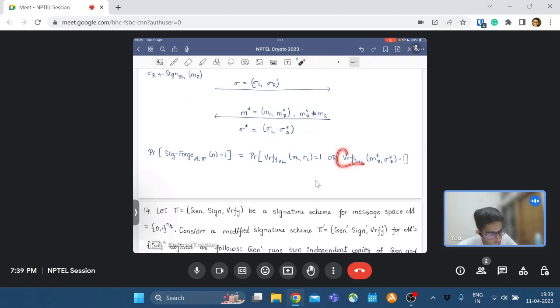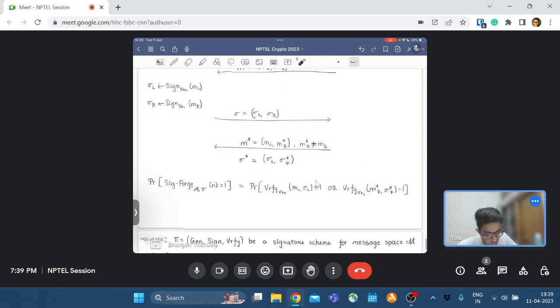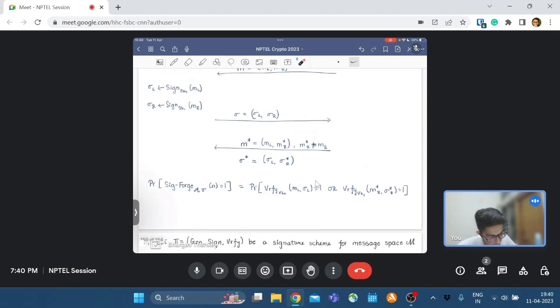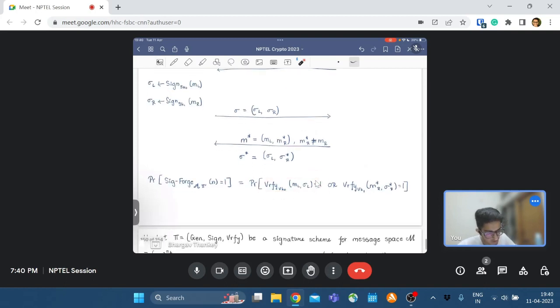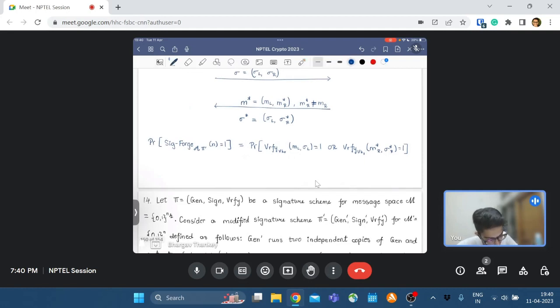We don't know whether the second will be true or not, but because of the way that sigma L was generated, the first would always be true, right? So this probability is at least 1, which is equal to 1. So the adversary A can win the signature forgery game with probability 1, and so the scheme pi prime is not a secure signature scheme.